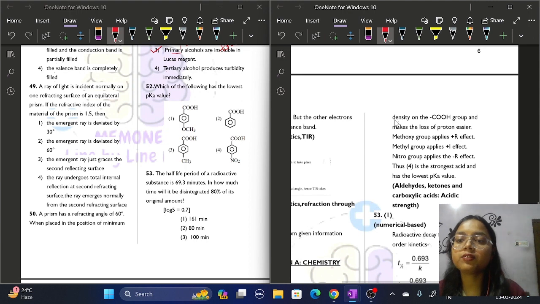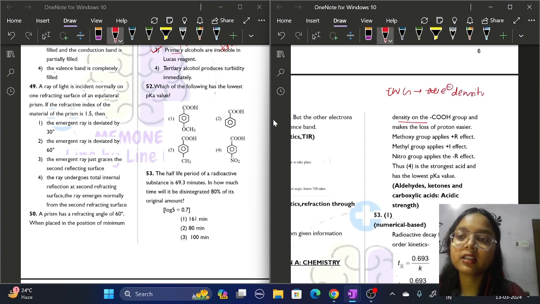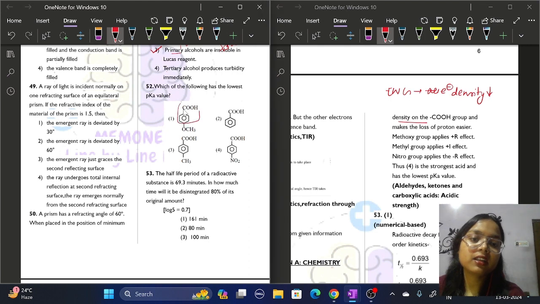So for this we will look at the options. The electron withdrawing group decreases the electron density, which makes the loss of proton easier. So let's apply the type of groups which are there in the options. This part is common in all of the options.